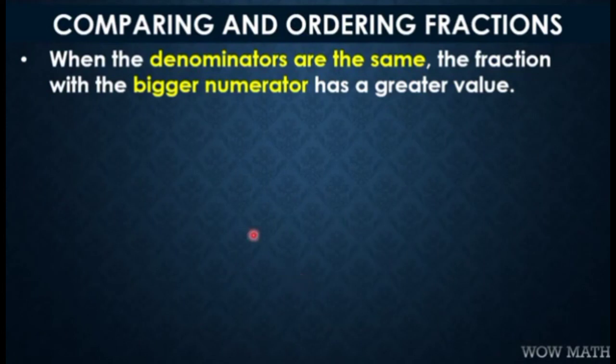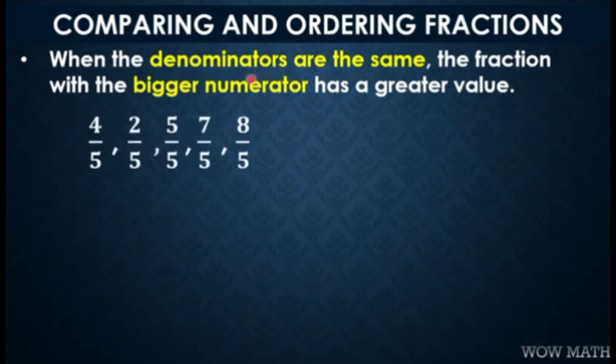So if you were given fractions with the same denominators, kung pareho ang denominators nila, kagaya nito, pare-pareho silang 5, remember that the bigger the numerator, the bigger the value. So kapag ang pareho natin ay denominator, the bigger the numerator, the higher the value.